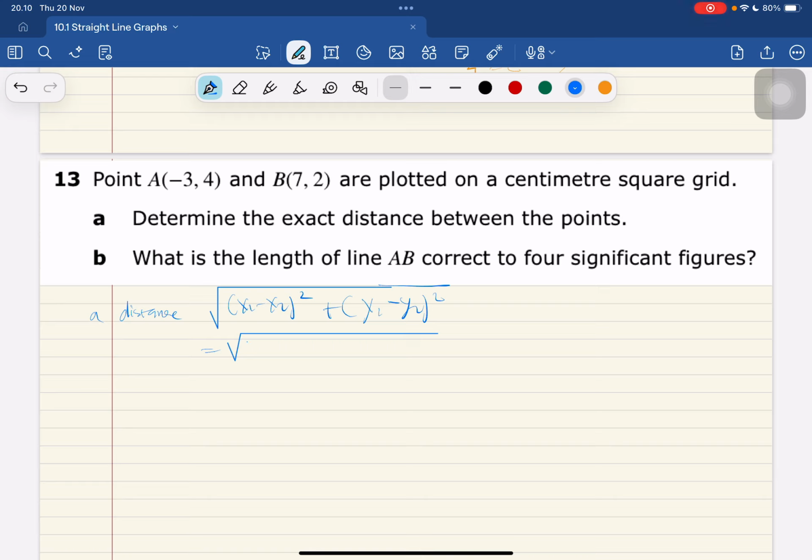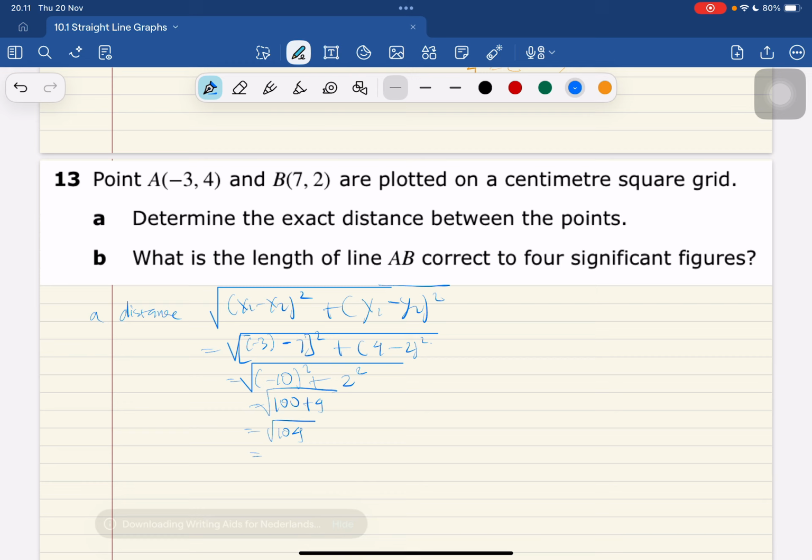So x1 is minus 3 minus 7, squared, plus y1 is 4 minus 2, squared. Minus 3 minus 7 is minus 10, squared, and 4 minus 2 is 2, so 2 squared. So this is the square root of 100 plus 4, which is 104.